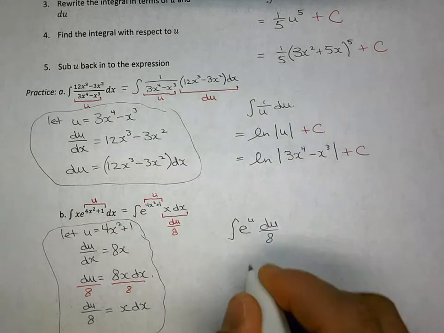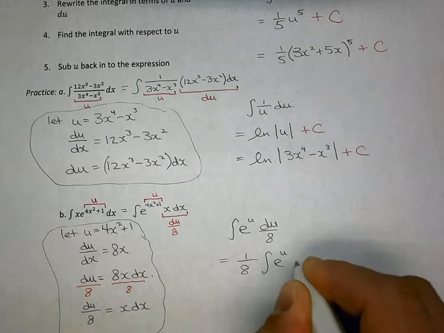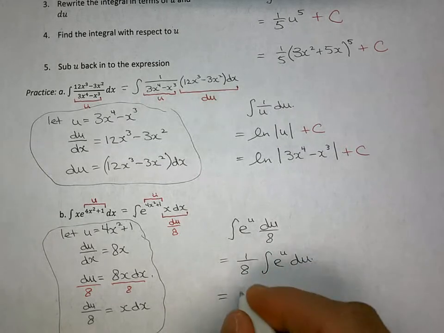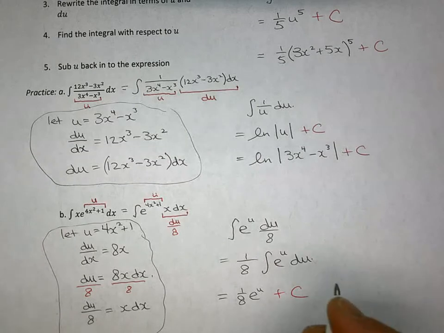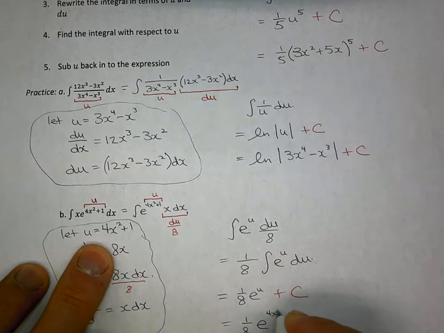So I can rewrite this as 1 over 8 integral of e to the u du. The integral of e to the u is e to the u plus c. And then I sub back in my expression, which is 1/8 e to the 4x squared plus 1 plus c.